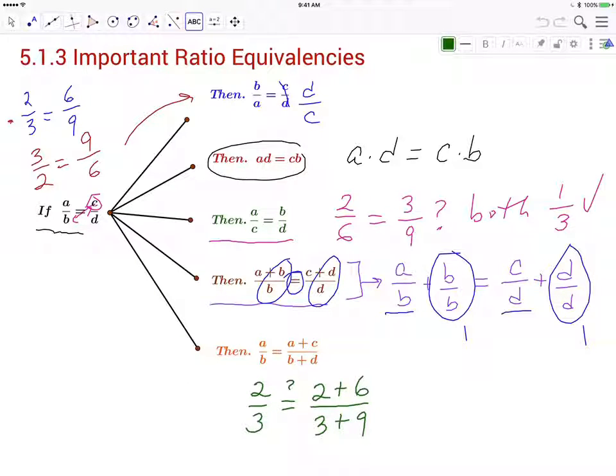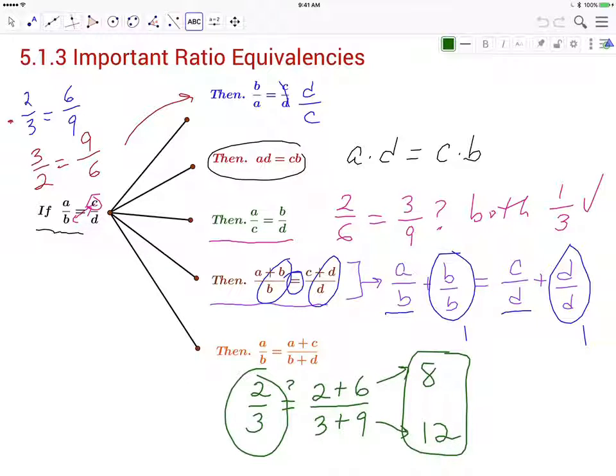Is that true? Well, what's the top end up being? This is 8. This is 12. All right, and there we go. The relationship is preserved. 2 relates to 3 the same way that 8 relates to 12, right? They both are divisible by 4, right? This can turn into a 2. This turns into a 3.